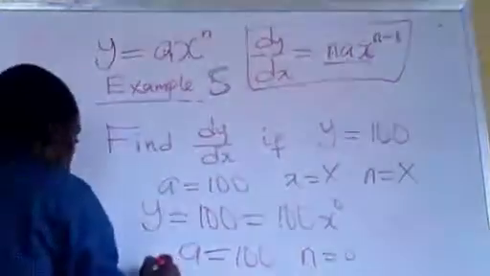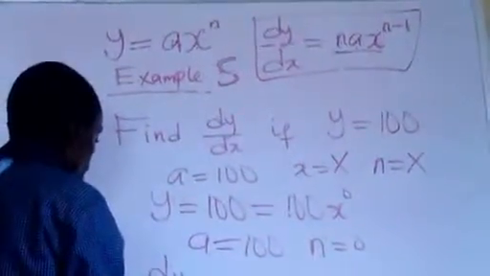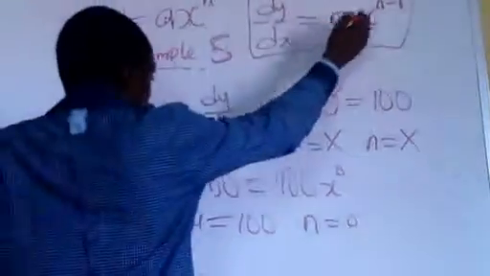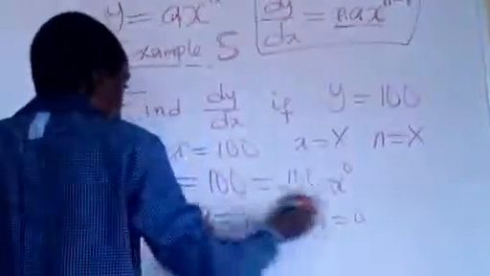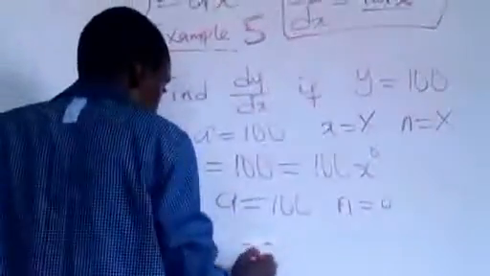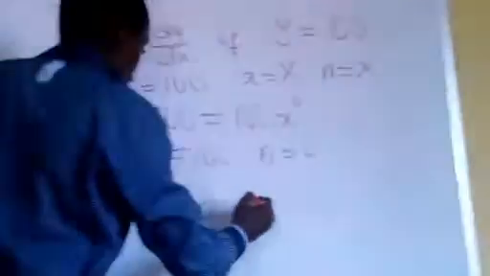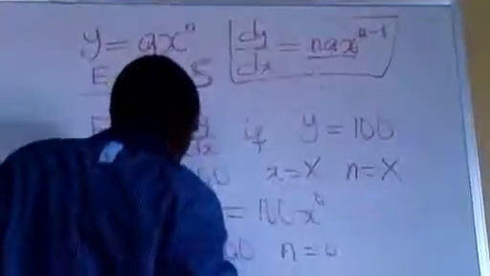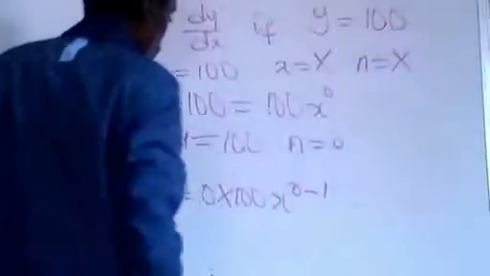So applying the formula, dy/dx is going to be equal to n times a, that's 0 times 100. Then x raised to power n minus 1, our n is what? 0. That is going to be 0 minus 1.